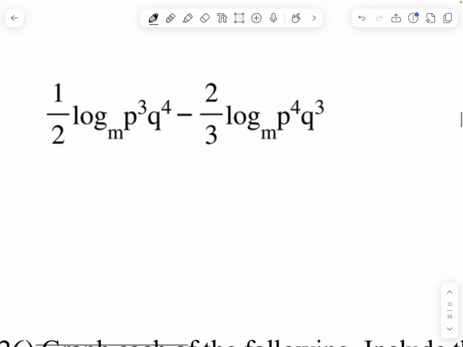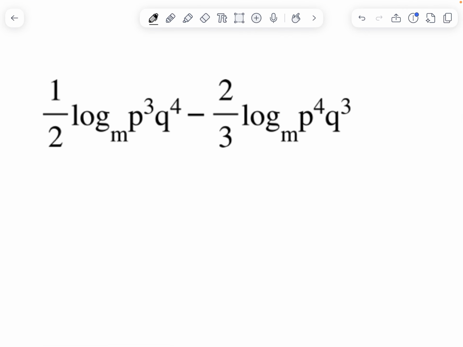Time for our last two questions. Okay, so log base m. First we apply the power rule.